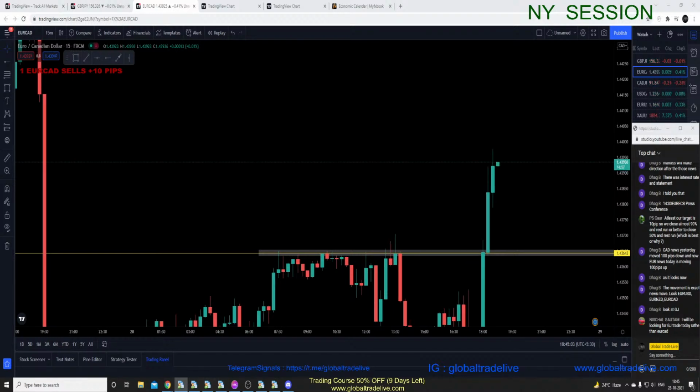So 15-minute candle closes right now, and actually I don't like the way it closes. Yeah, I think this current 15-minute candle might go down and close bearish.